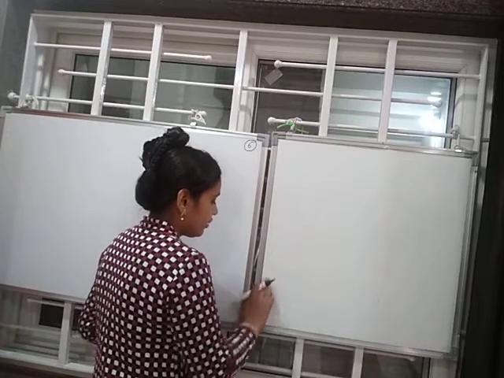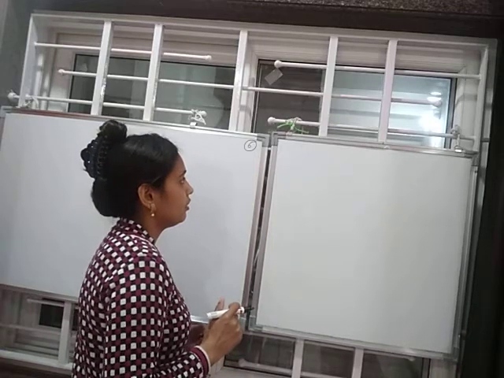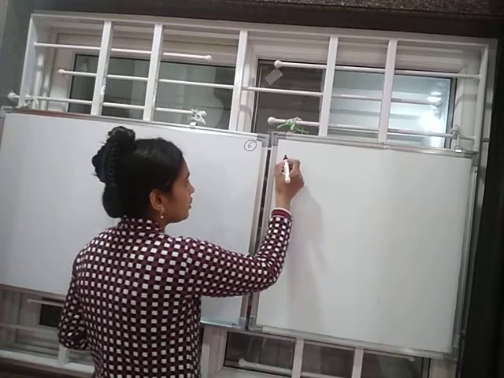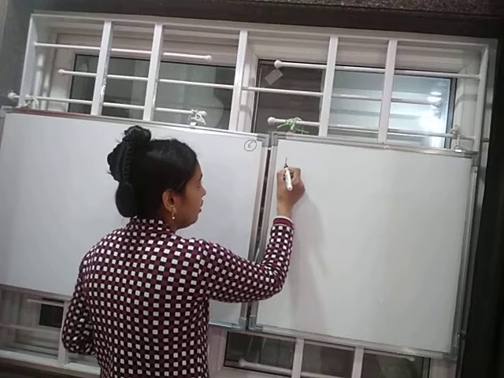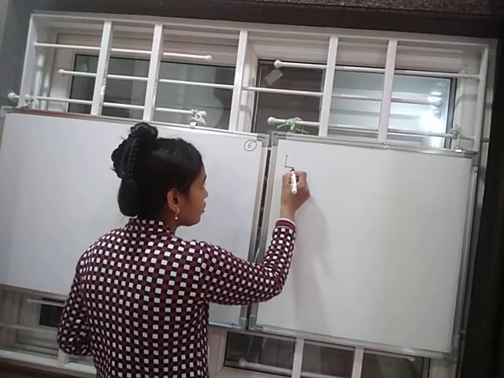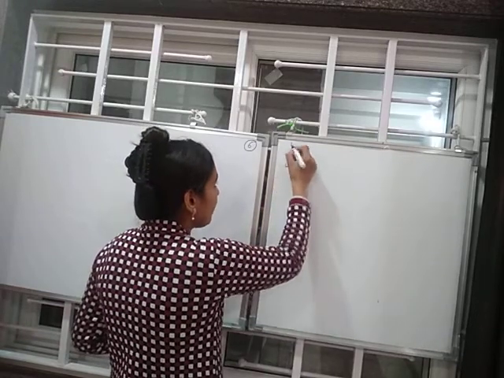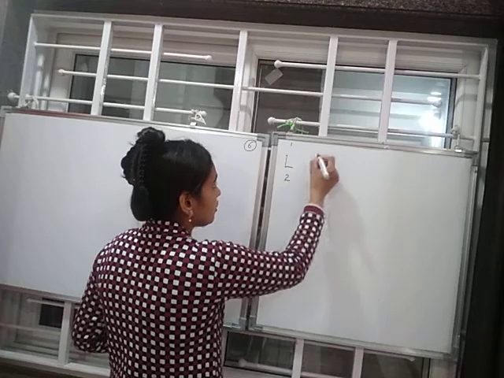Okay, children, today we start with an activity which we did when we started this chapter. You remember we did patterns of L. Like this is the first pattern of L. So how many matchsticks were we using for one pattern? Two matchsticks.